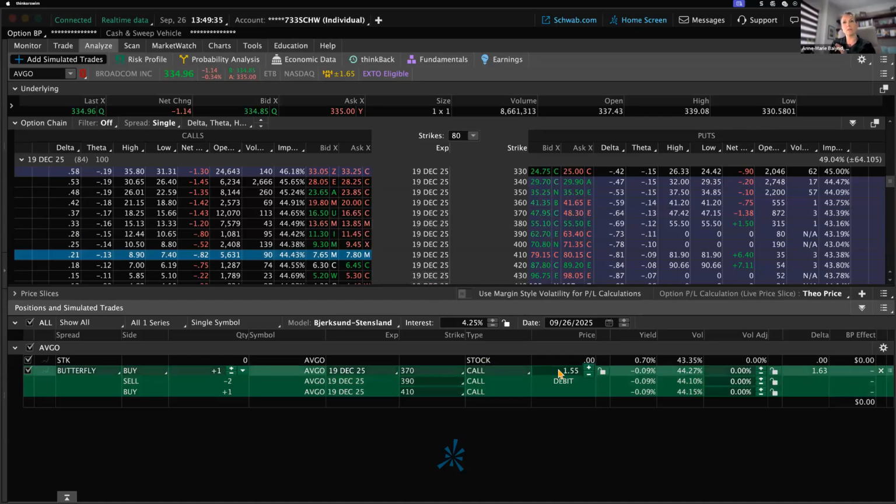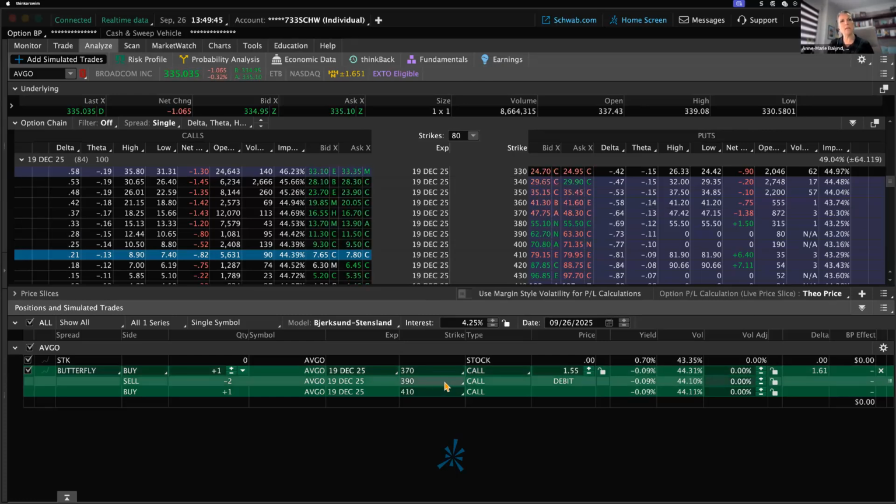That gives us $1.55. It says, hey, listen, it's not going to move dramatically. It's just going to come into that 390 area, and we're going to hold on. It's got $2,000 of upside for $150 of risk. So you might go, that seems a little pie in the sky, doesn't it?